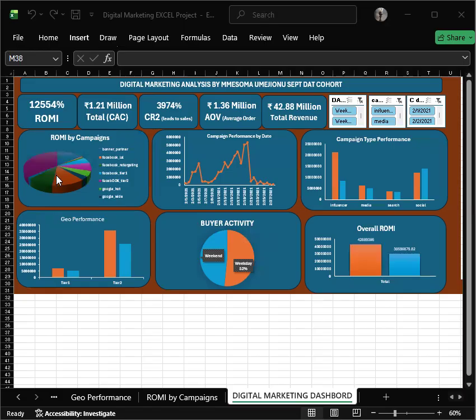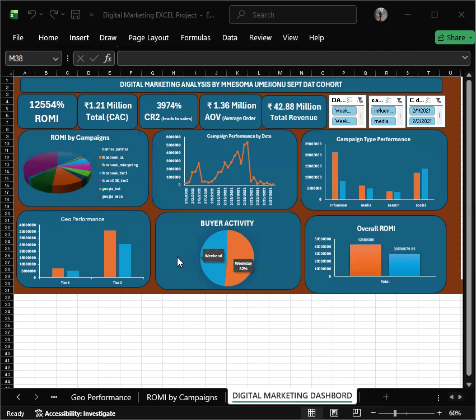Starting off with this chart here, this chart breaks down ROMI by individual campaigns, and we can see from here that the largest contribution comes from YouTube blogger, followed by Instagram blogger, followed by the banner partner, and then followed by also the Instagram tier 1.